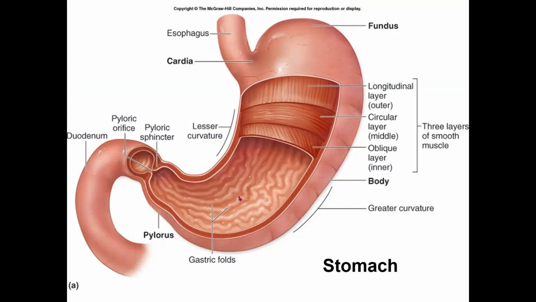And inside the folds are many and varied glands. Some produce acid, some produce enzymes. It's complicated. Okay, so if you can imagine these 3 muscle layers, and the whole thing just keeps on squeezing and moving things around.